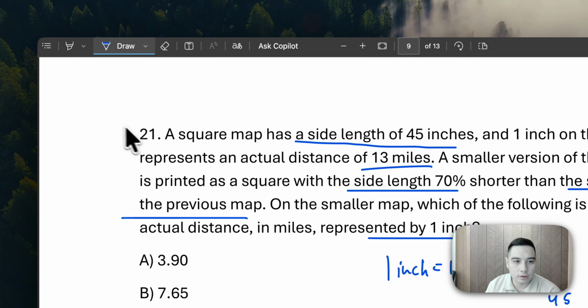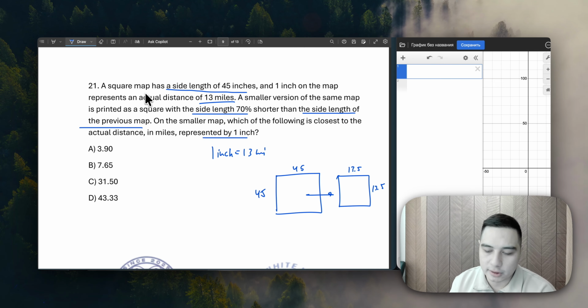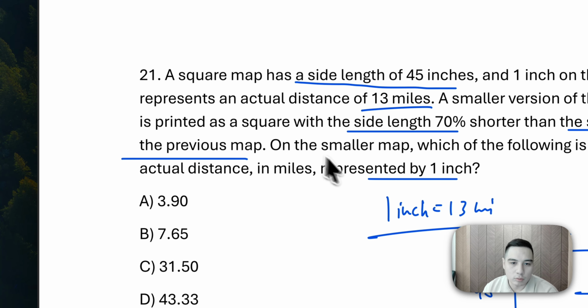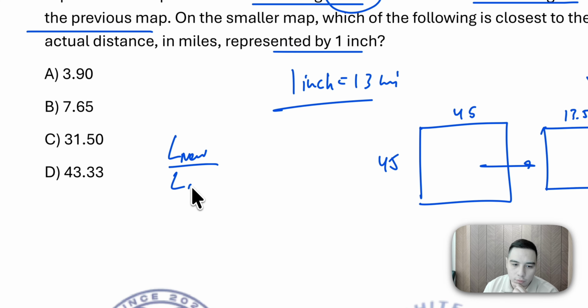So we have here the 21st question. The square map has a side length of 45 inches, and 1 inch on the map represents a distance of 13 miles. Okay, as I wrote here. And we have the square, which is 70% shorter than the side length, and we get 13.5. That means the scale factor, if you compare the length of new divided by length of old, like 13.5 and 45, we get something like 0.3.